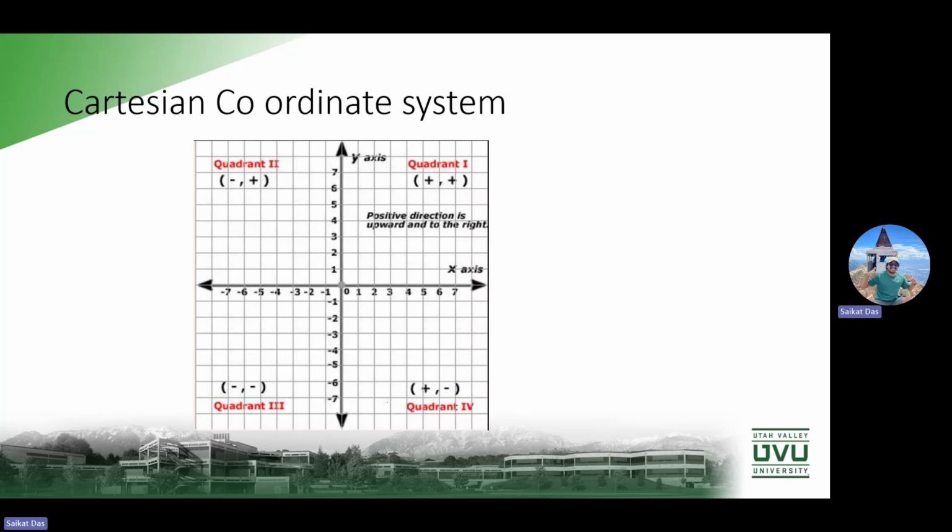So for example, this is our point, maybe -1, 3. From this point, if I need to go downward, I can add 0, -1 to -1, 3. So it is -1, 2.